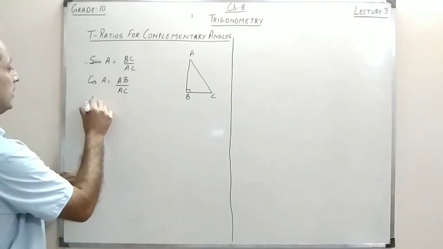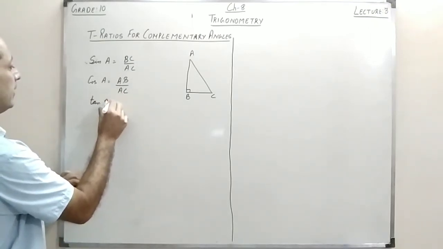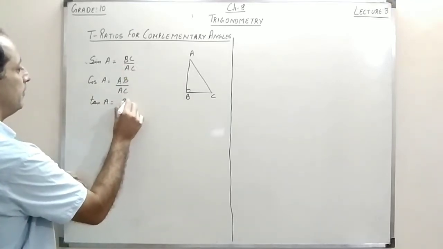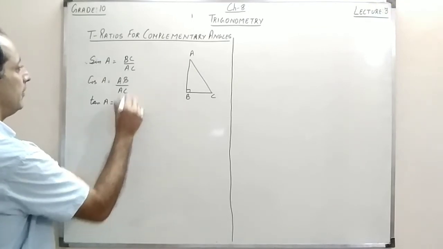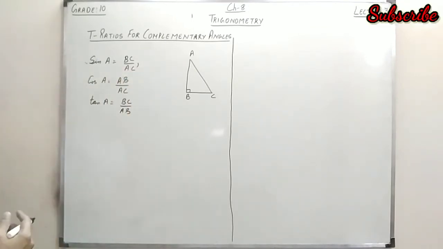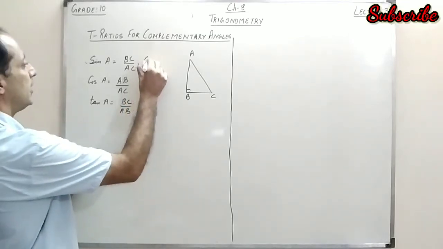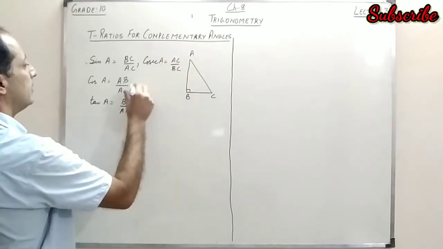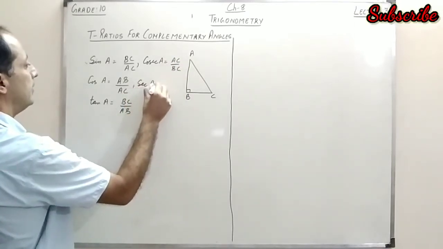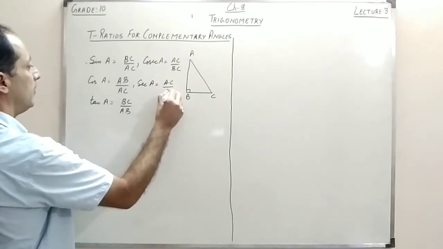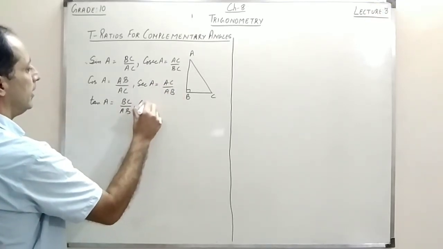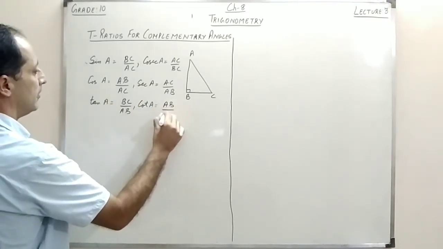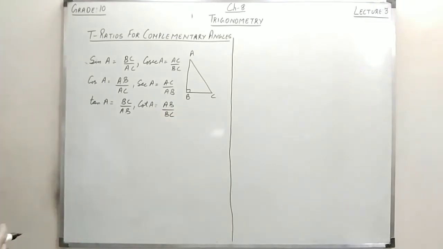Tan of angle A is opposite upon adjacent, that is BC upon AB. Similarly, the reciprocal of sine A is cosecant A, which is AC by BC. Sec A is AC upon AB. And finally, cot A is equal to AB upon BC.